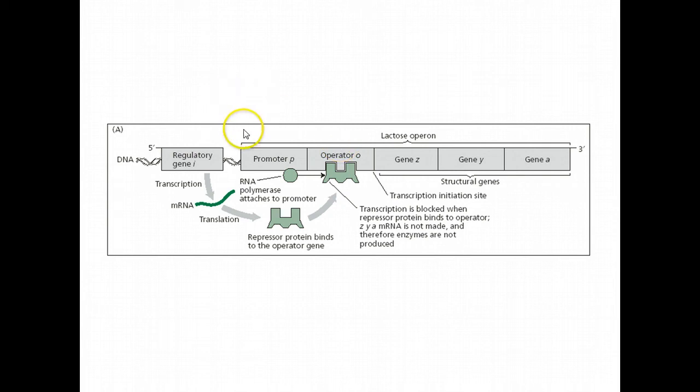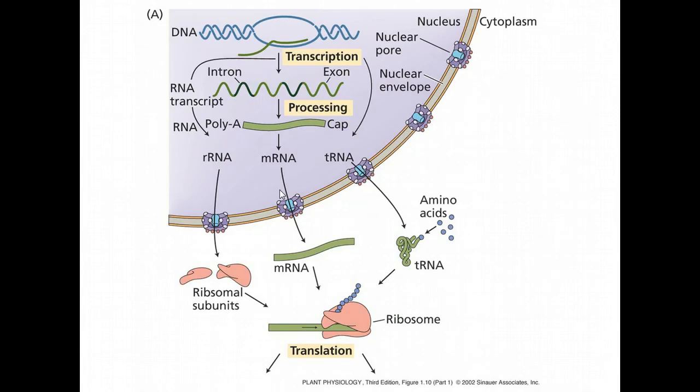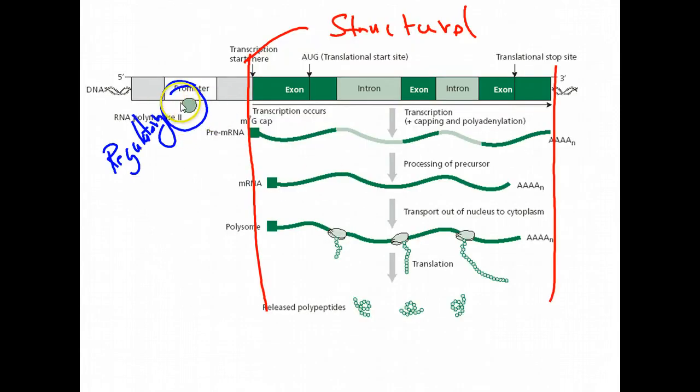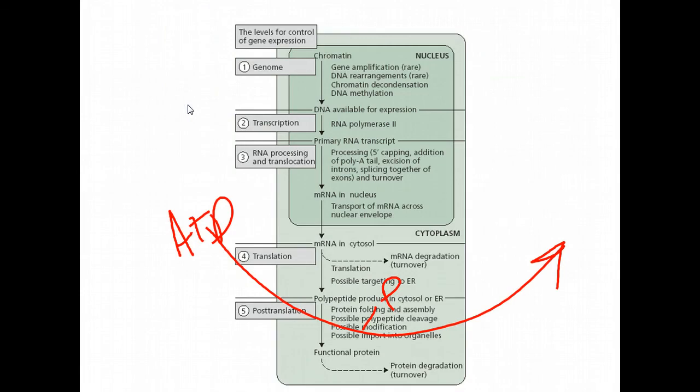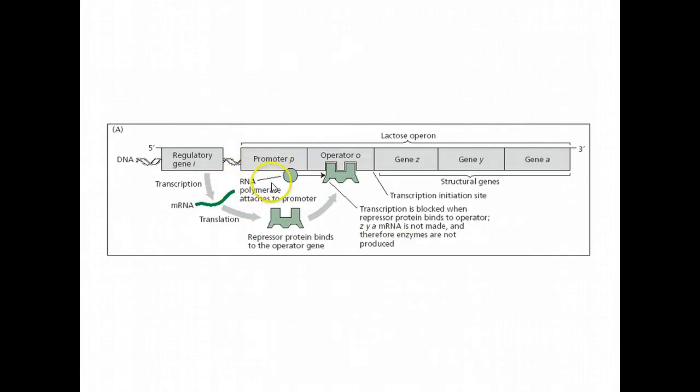Now, how is RNA made? If we go back here, we have the RNA polymerase that's here in the promoter. And here in this cartoon, we have an RNA polymerase that can only bind in this other regulatory gene called the promoter.